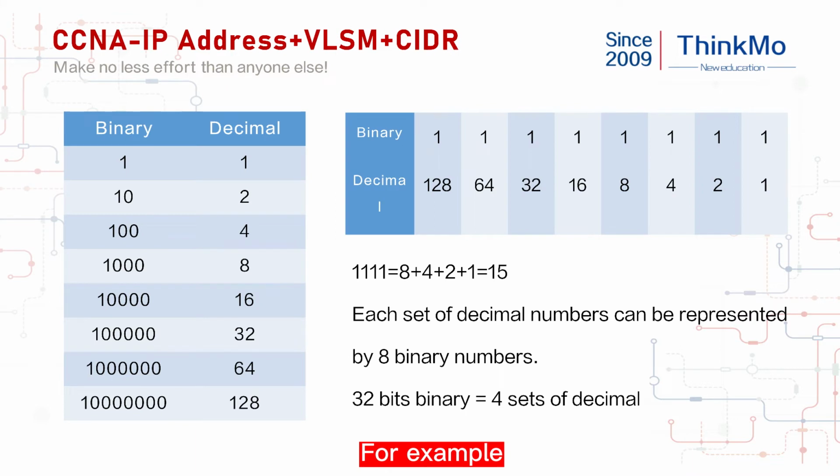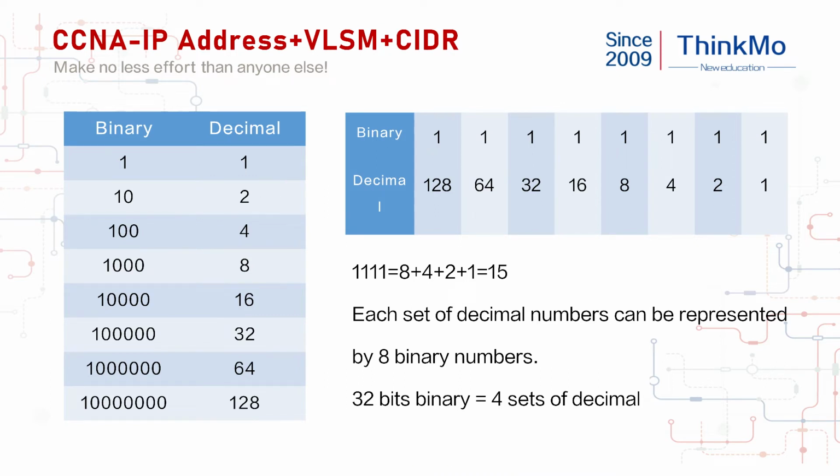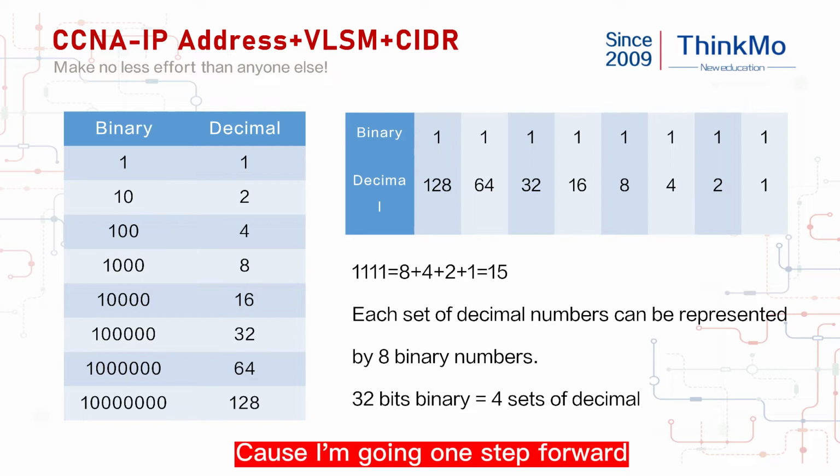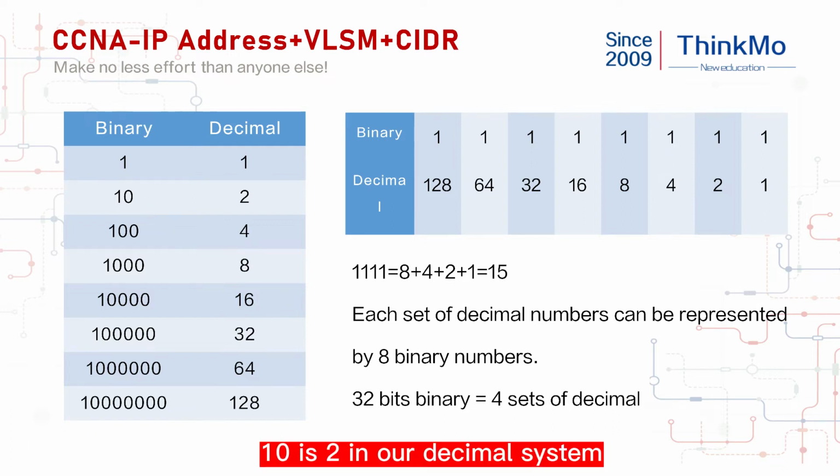For example, I want to express 1 in binary. In decimal it represents 1. Now here comes the problem: what if I want to express 2 in binary? Okay, 10, because I'm going 1 step forward. 10 is 2 in our decimal system.